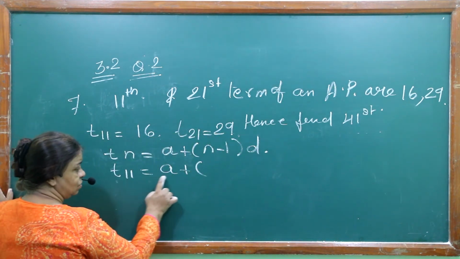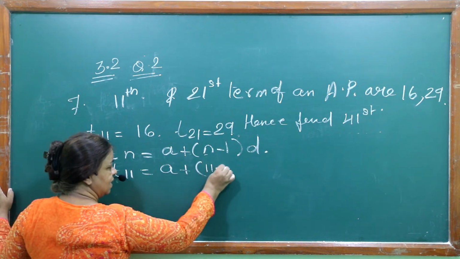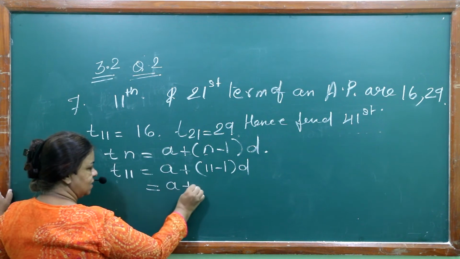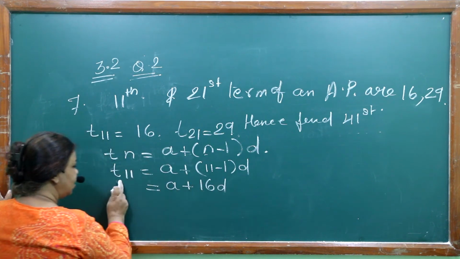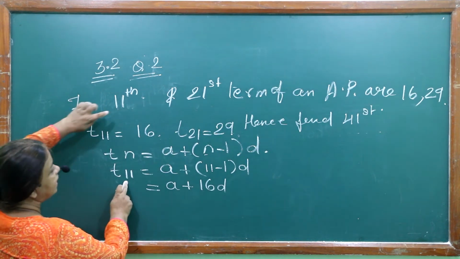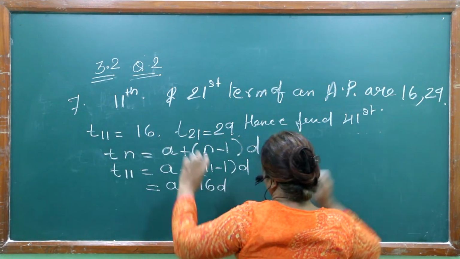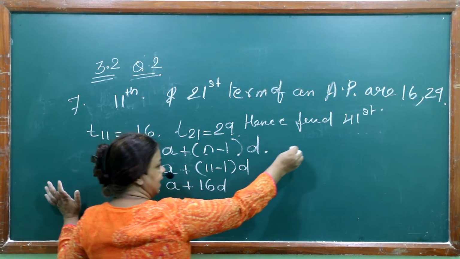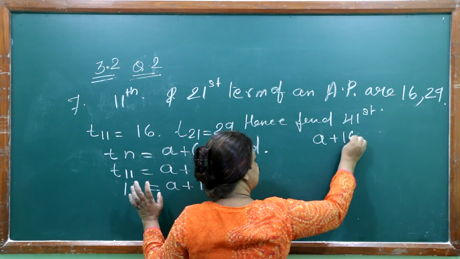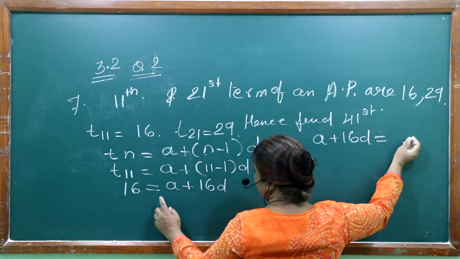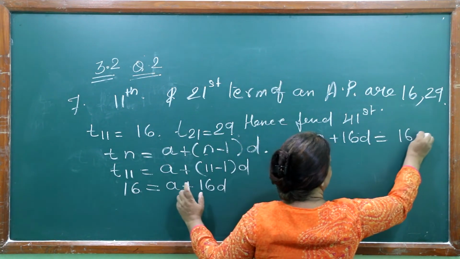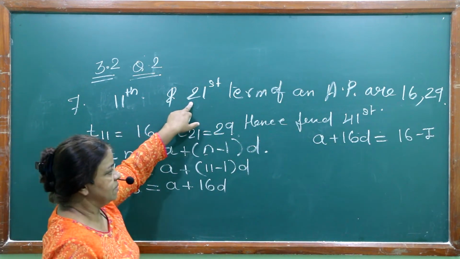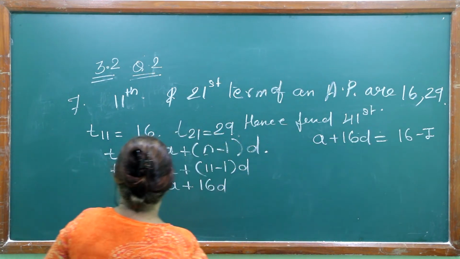So T11 is equal to A plus 11 minus 1 into D, which is A plus 10D. And the 11th term is 16. So I get A plus 10D is equal to 16, the first equation. And the 21st term is 29.